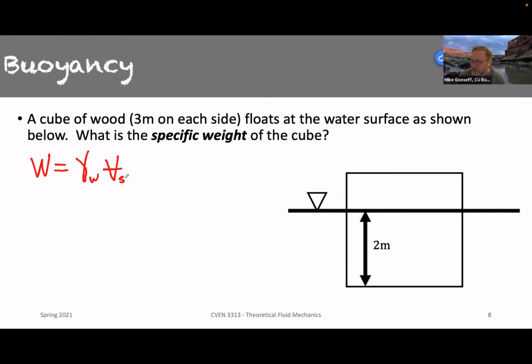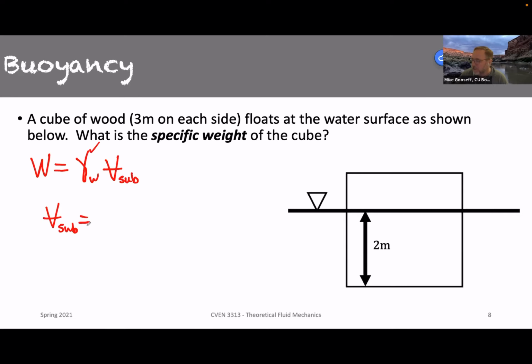So I'm just going to call that V sub s, for the submerged part of the cube. All right. So we know this. The question is, what is the volume that's submerged?